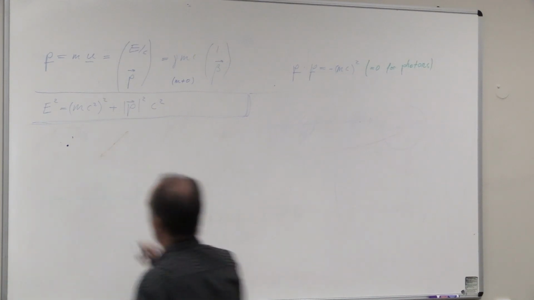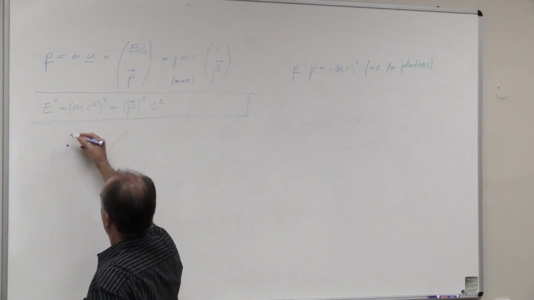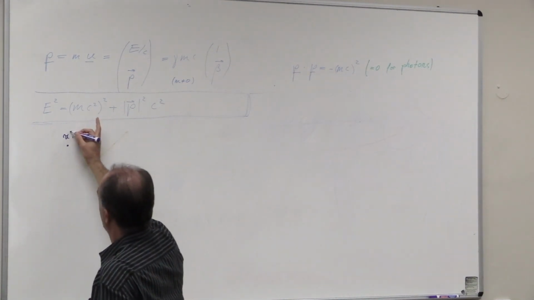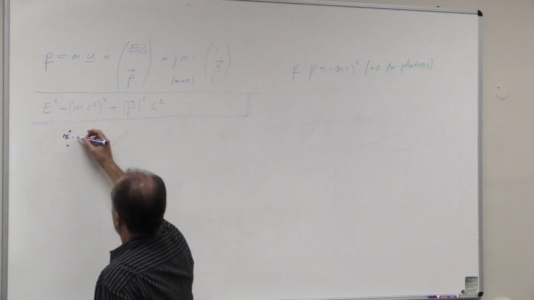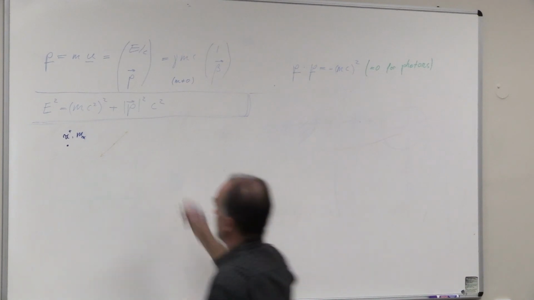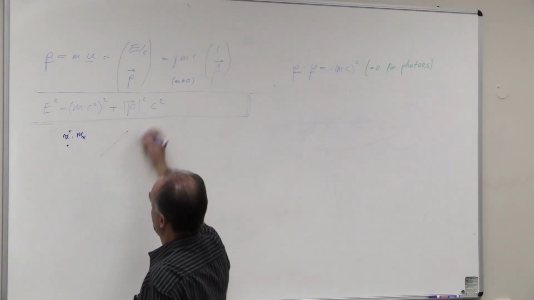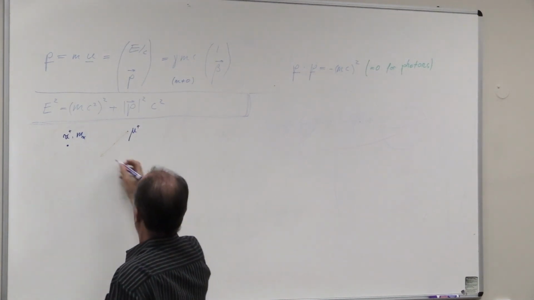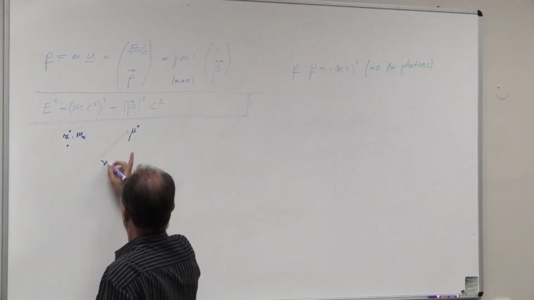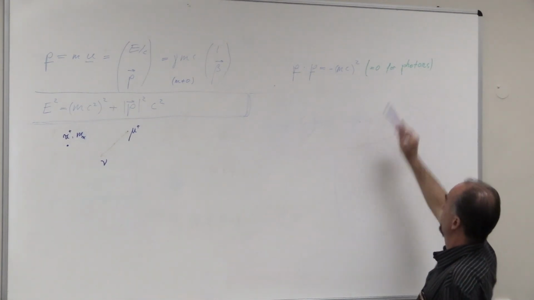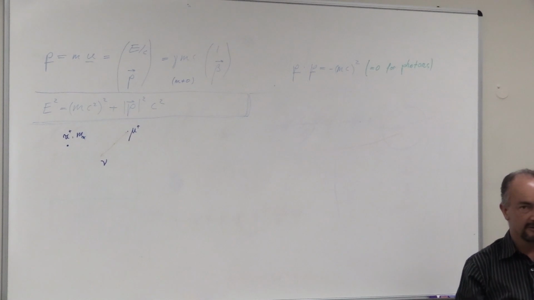We can do the same muon decay as well, but it gets a little more complicated. So this is an unstable pion, say pi plus, with a mass m pion, and what comes out is that you have in one direction a muon going out, and in the other direction a neutrino. A neutrino essentially behaves exactly like a photon.